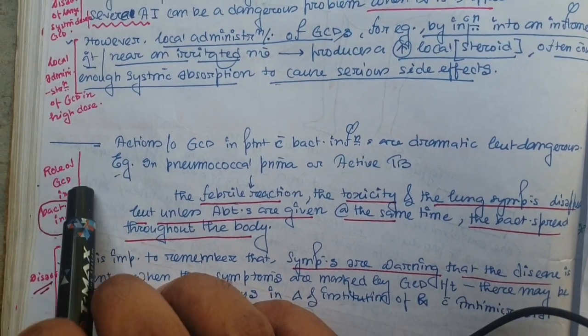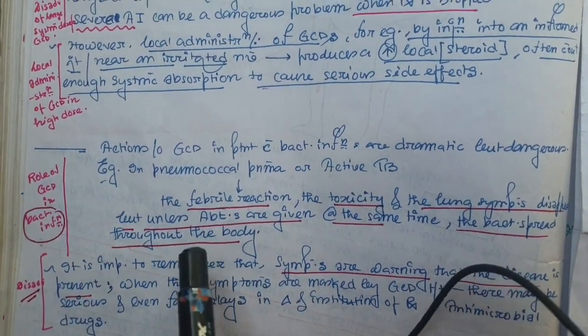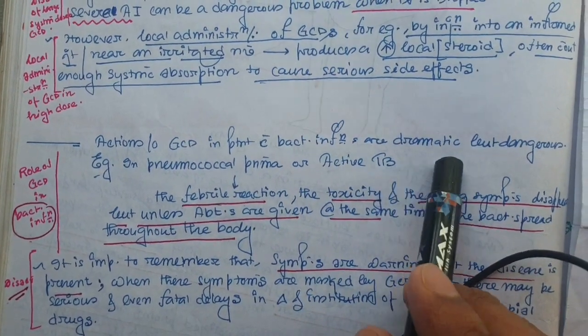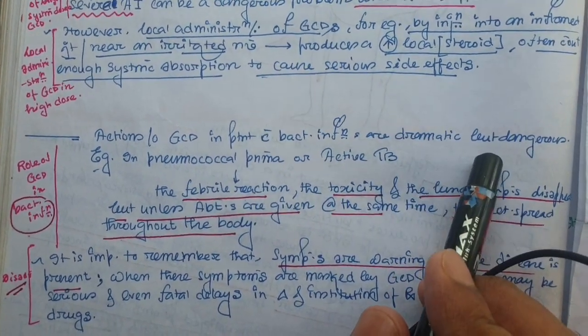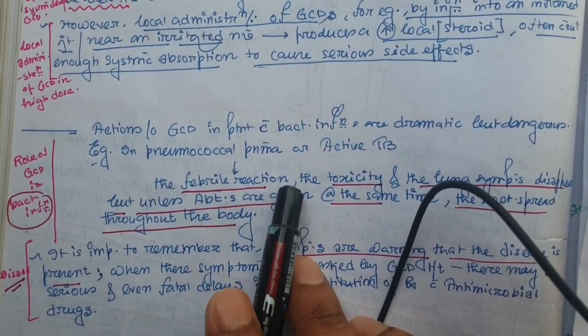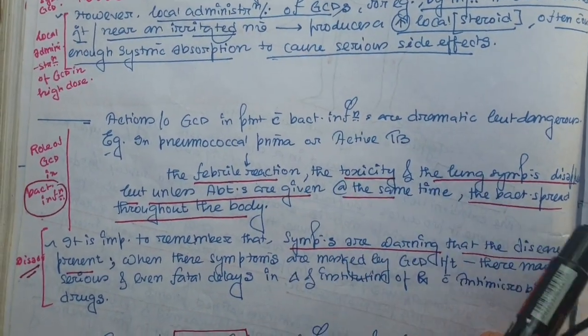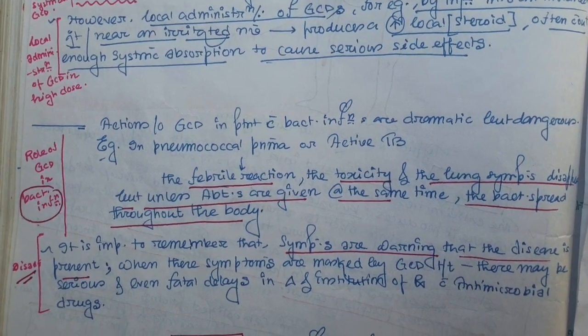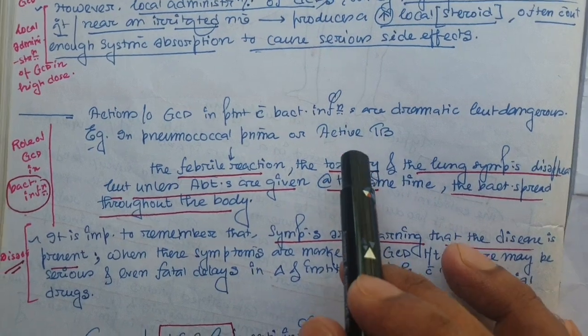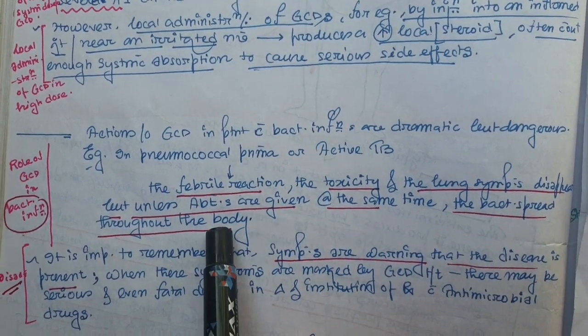So, the role of glucocorticoids in bacterial infection. The actions of glucocorticoids in patients with bacterial infections are dramatic, but they are also dangerous. For example, in pneumococcal pneumonia or active tuberculosis, if we give glucocorticoids, then the febrile reactions, the toxicity and the lung symptoms disappear.